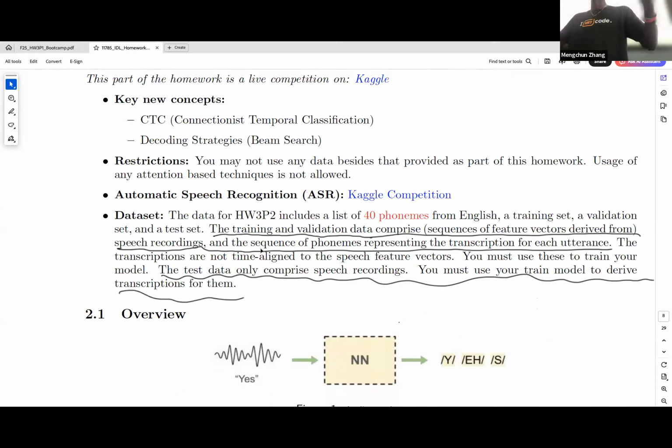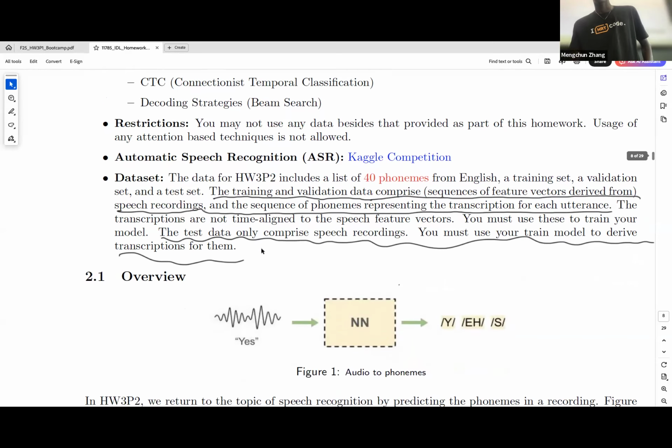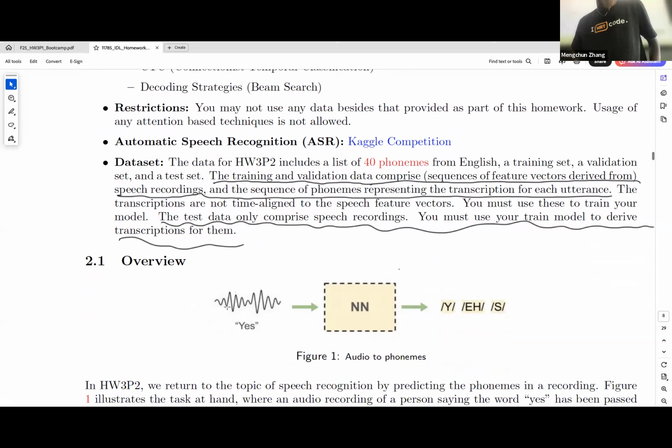The way I'm speaking right now, we can break my words into frames. So each frame can be given a label. So if it's a word like, you can see here, this wave can be broken down into frames. The first part was Y, the second part is E, the third part is S if you are trying to pronounce the word yes. That was for homework 1 P2.